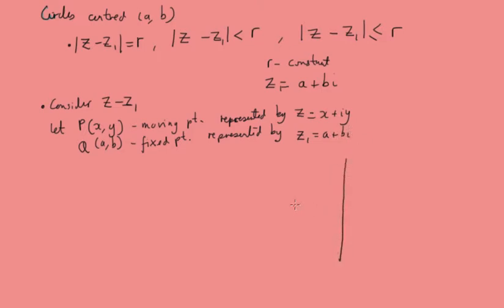So let's draw this on our Venn diagram. So we've got P up here. P is xy. And here is P's position vector. And we've got Q here. And Q's fixed. And it's A, B. And we will draw a line between them here.